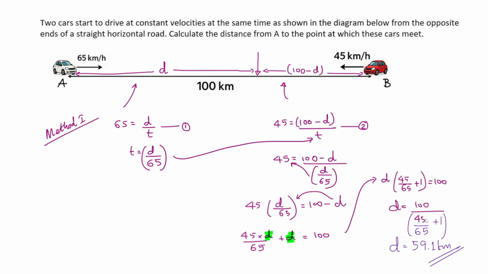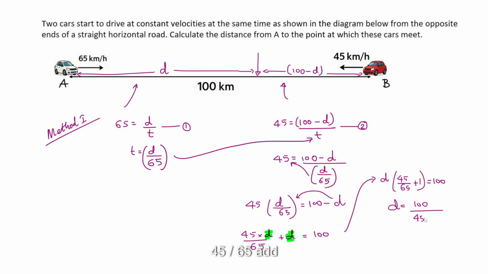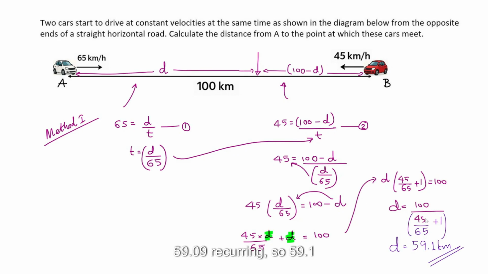Bracket 45 over 65 add 1 is equal to 100. So D is equal to 100 divided by 45 over 65 add 1. So you get the answer here as 59.09 recurring. So 59.1 kilometers.